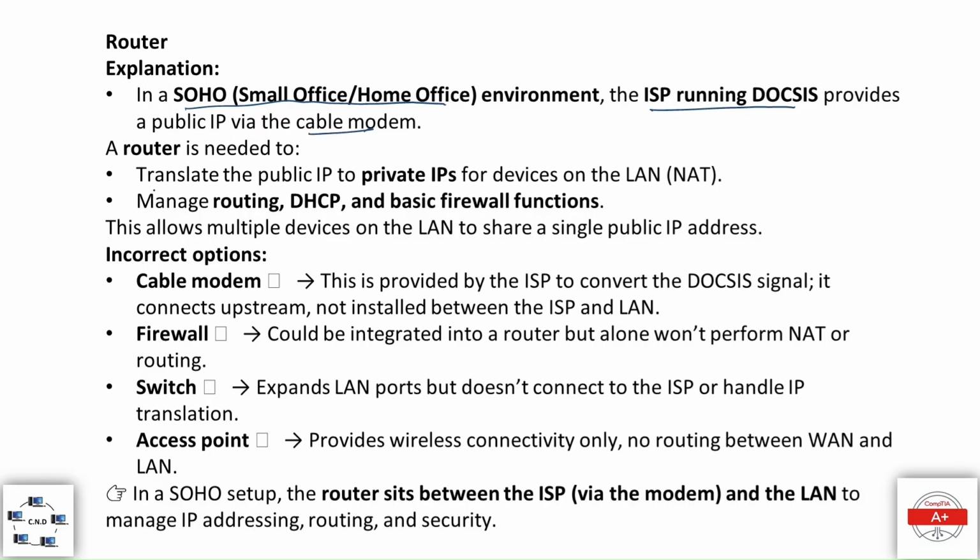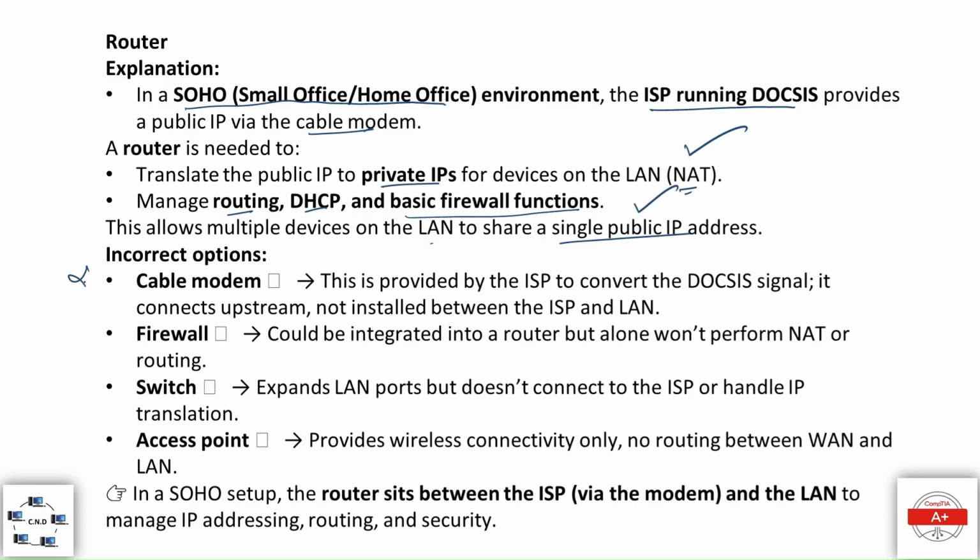So a router is needed to translate public IP to private IPs for devices on the LAN through NAT, that is network address translation. It is also needed to manage routing, DHCP and basic firewall functions. This allows multiple devices on the LAN to share a single public IP address.